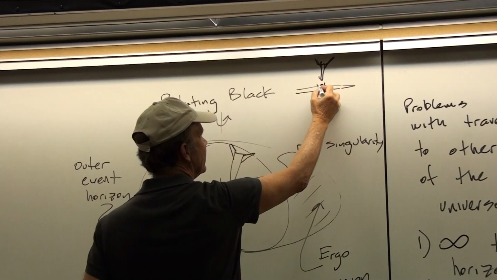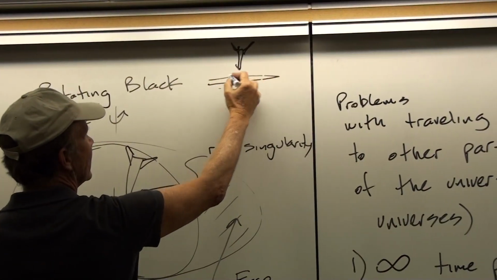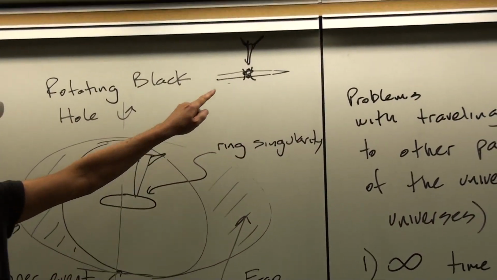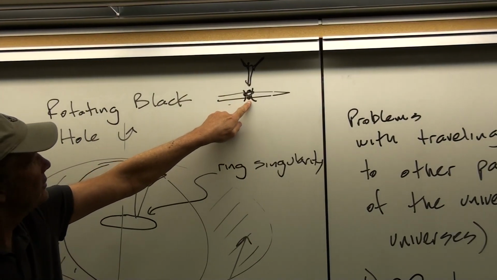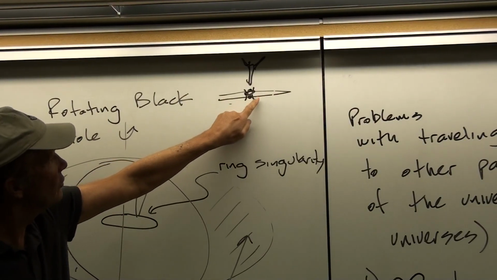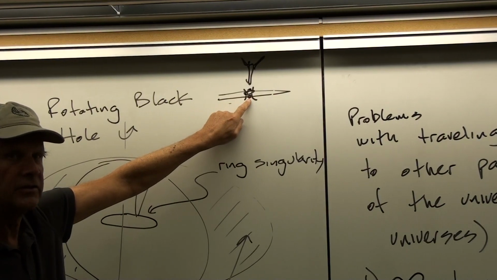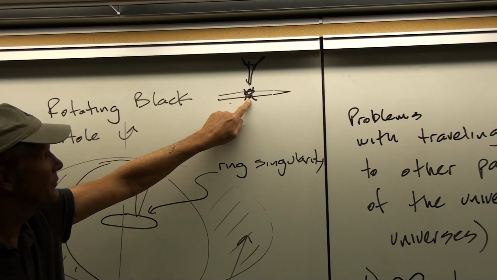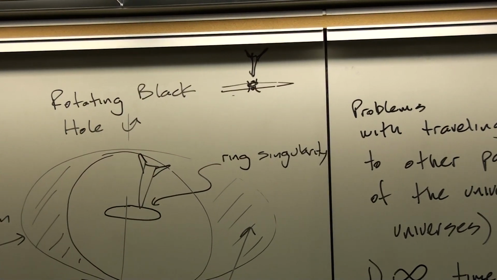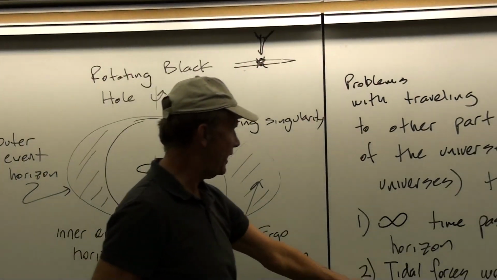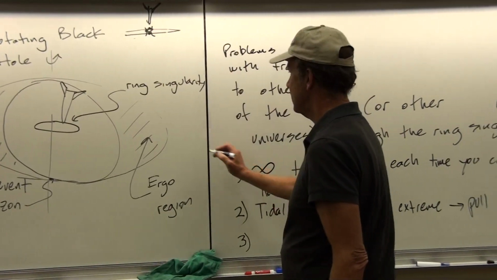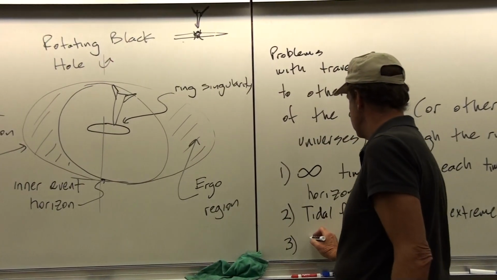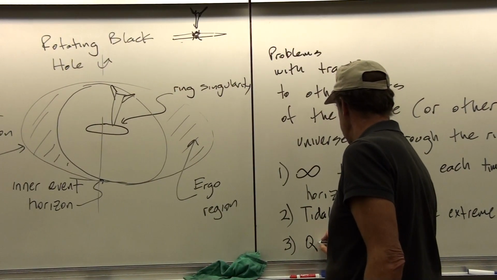Is to fly through that ring, and then in this curved space, you could presumably end up somewhere else in our own universe. Remember, this is a coordinate in space and time, so it could be another time as well as another place. Or you could end up possibly even in another universe. But we have a third problem with this, and that is that there should be quantum radiation given off by the ring singularity.